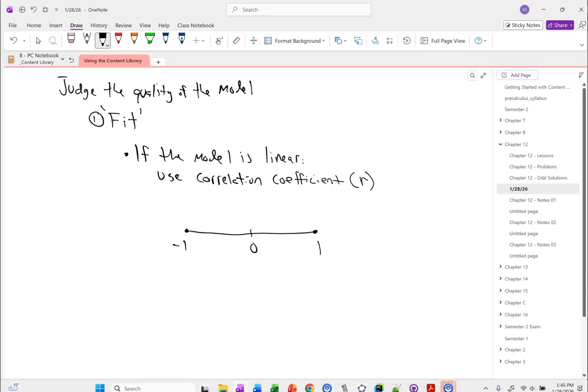So R is always going to be a number between -1 and +1. At 0, we'd say that the model has no correlation, i.e. it's a terrible fit. At 1 or -1, we have perfect correlation.